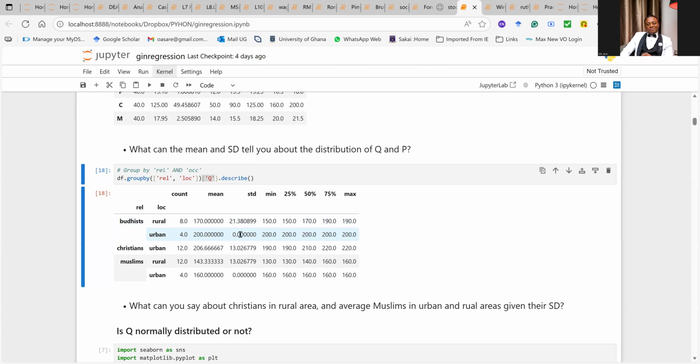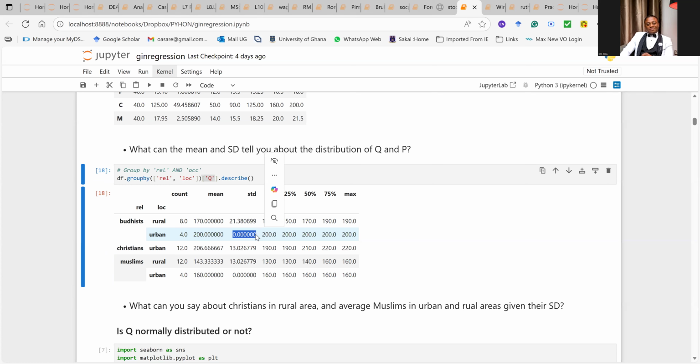And what does the value of this standard deviation mean? You see, the value is 0. So what does it mean when you have a 0 standard deviation? You can see that in this very case, that's the case.